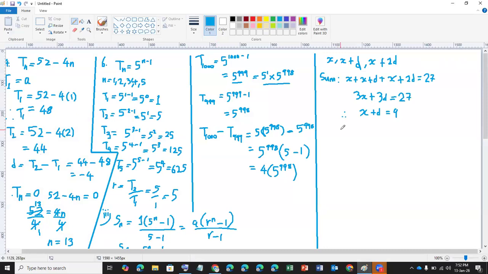Before we go to that product, I think there's something we can see here. If x plus b is 9, can't we make some decisions so far? We already know that the middle one is 9.